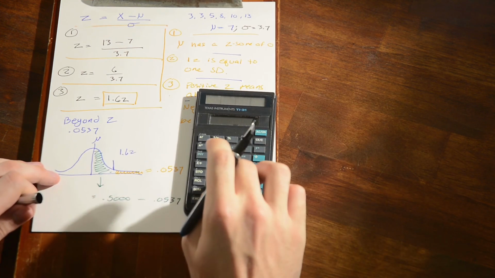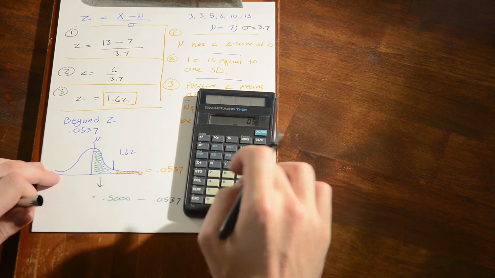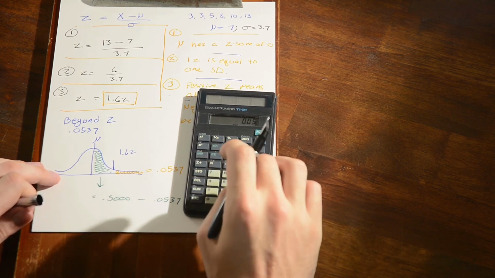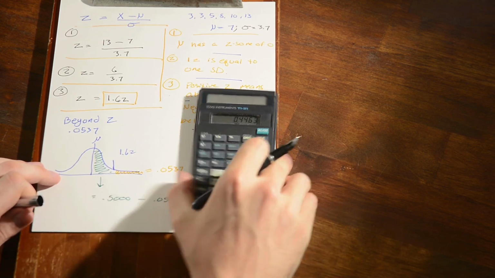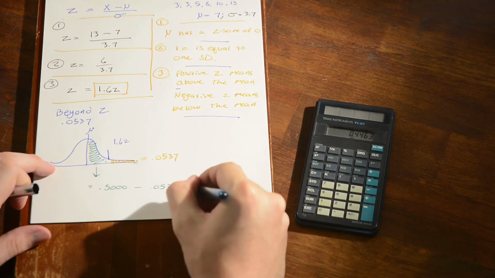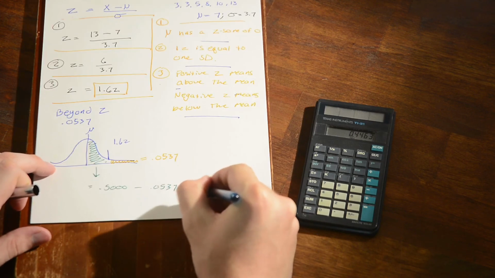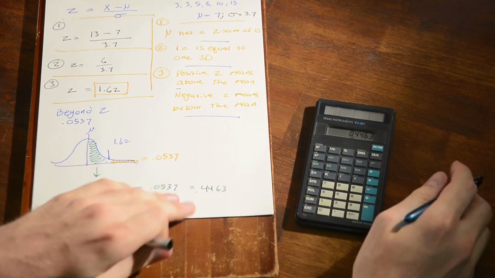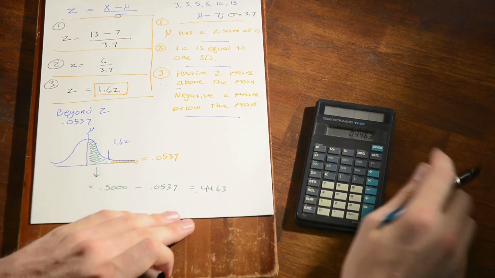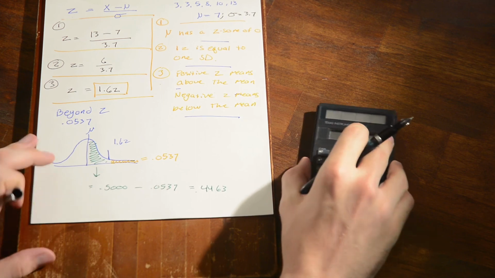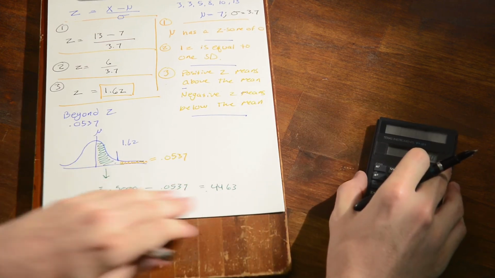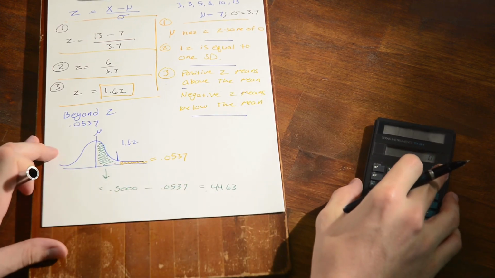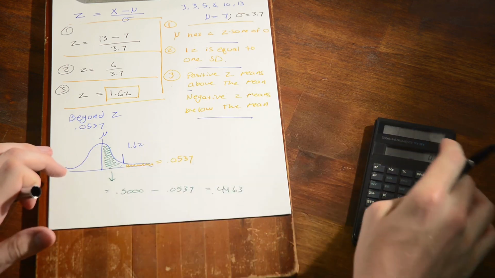We can calculate that as 0.5 minus 0.0537, which is also equal to 0.4463. And I don't round these because it's a z-score, at least not as I'm demonstrating things. It's up to you when you make decisions for your data.